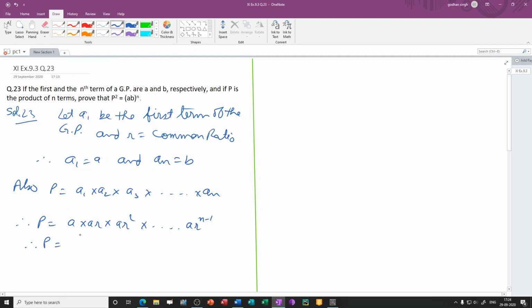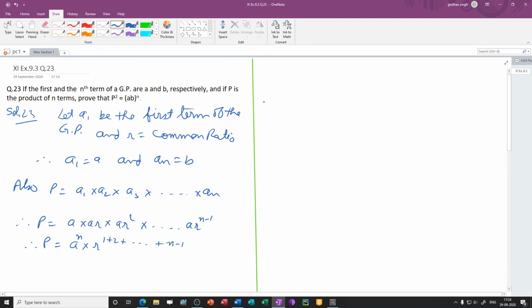Now P equal to this can be written as, here if you see that A is coming how many times, n times, so this is 1 plus 1 plus so on, n times, so A raised to n into R. The power of R is 1 plus 2 plus 3, because we know that whenever the base is the same, the powers are added, 1 plus 2 plus so on till n minus 1.